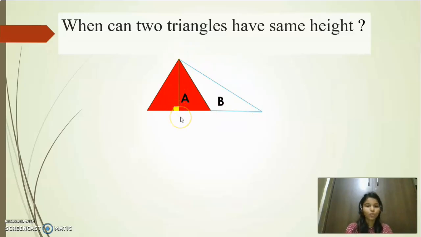Yes. So, what did we conclude from this? That whenever we have two or more triangles wherein their vertices are common and their heights are lying on the same line, then their heights will be same.